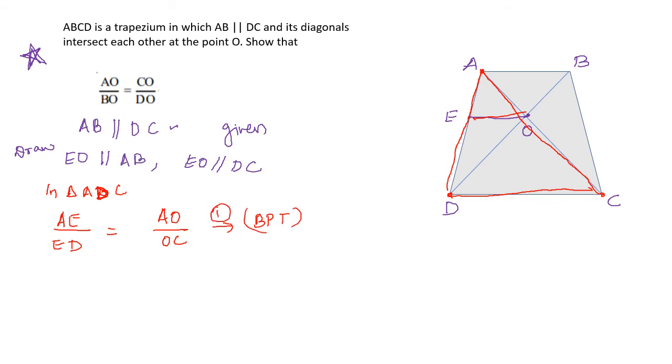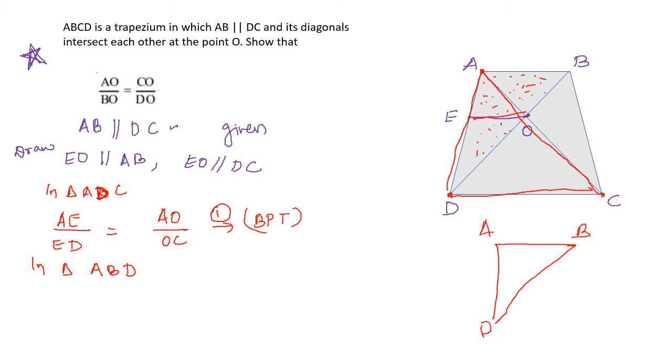Now I am taking the other triangle. In triangle ABD, that is I am taking this triangle ABD.